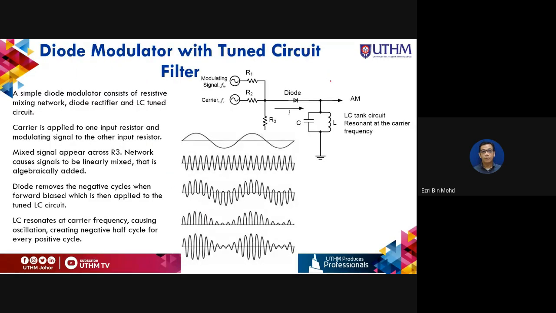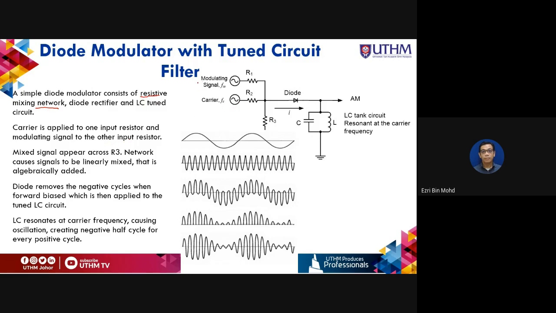Here is an illustration of a diode modulator with tuned circuit filter. A simple diode modulator consists of a resistive mixing network, R1, R2, and R3, a diode rectifier, and a tank circuit or LC tuned circuit to create oscillation. The carrier is applied to one input resistor and the modulating signal to the other input resistor.